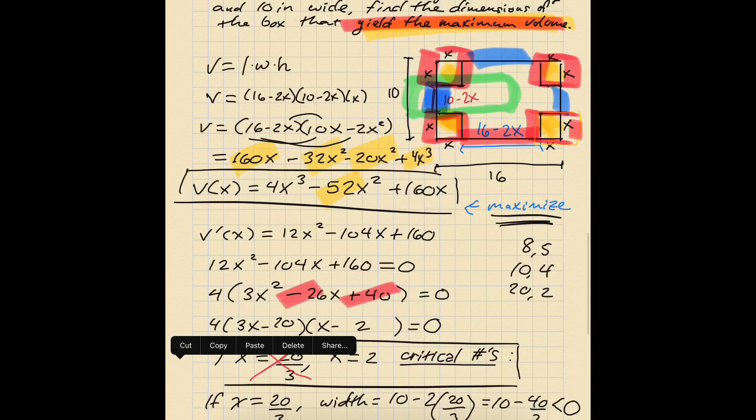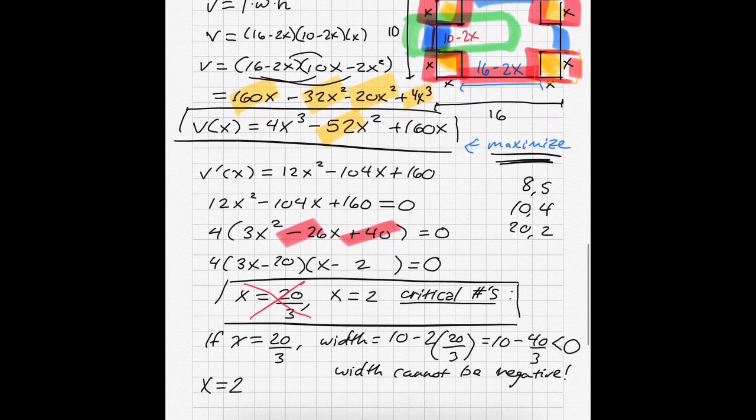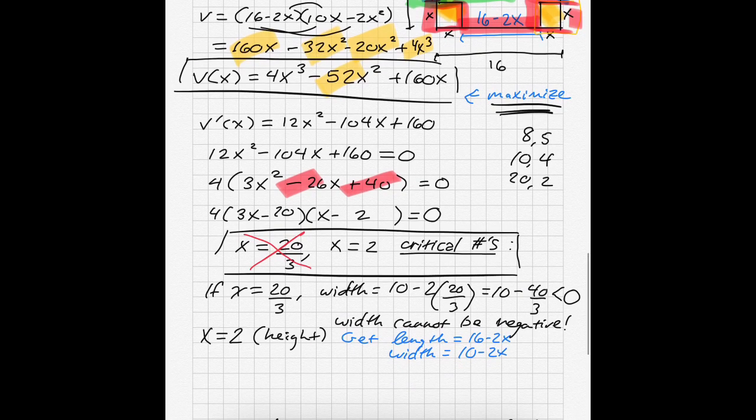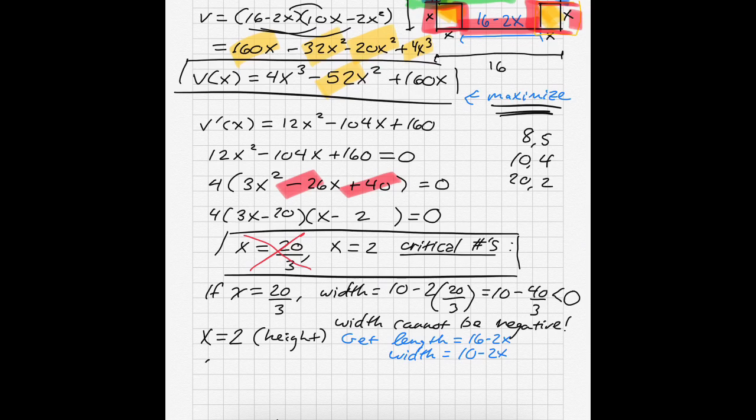So what else was I asked for? Find the dimensions of the box. Okay, so I have the x, so this is the height of the box, right? All I still have to do is get the length. That one was 16 minus 2x. And the width was 10 minus 2x. So that's pretty easy.